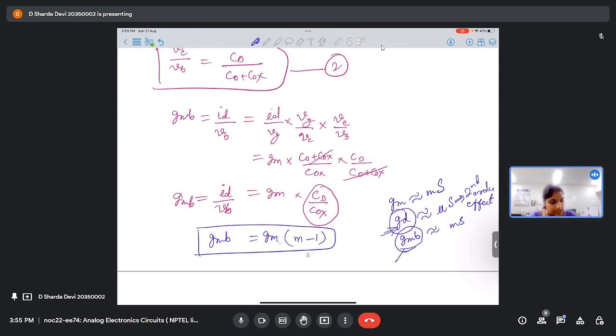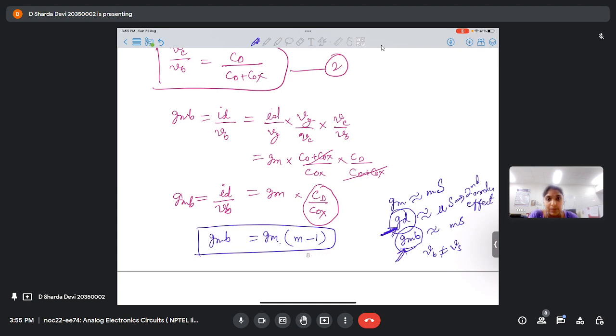And this GMB comes because of mismatch between VB and VS. So we can clearly see that the effect caused by mismatch between VBS is higher compared to our second order effects, right? This is the conclusion that we can draw from these conductance values. So is the conclusion clear?